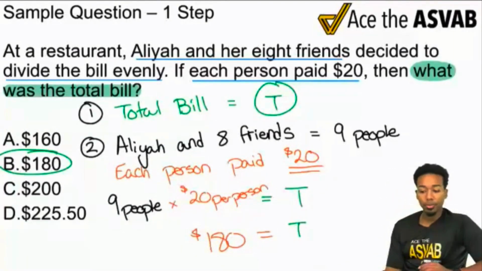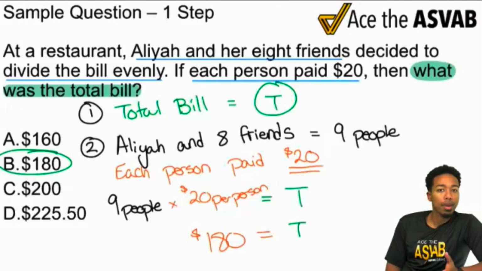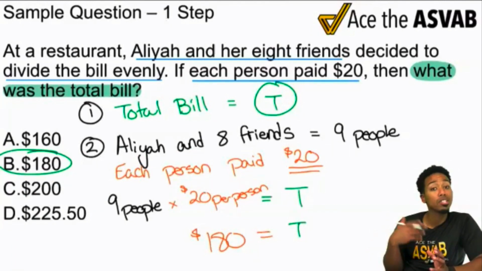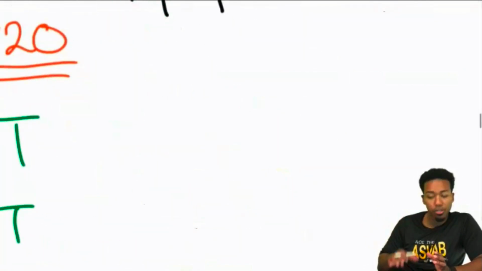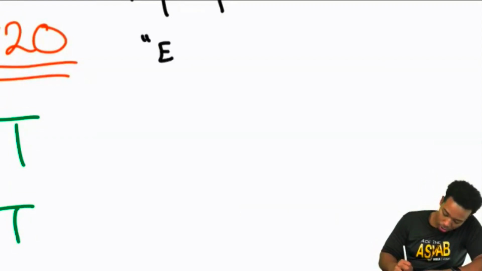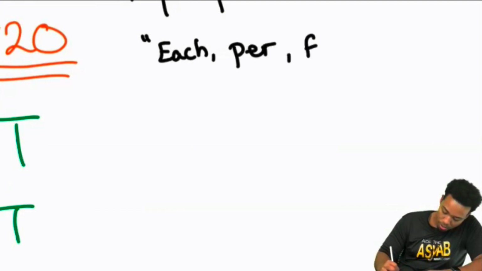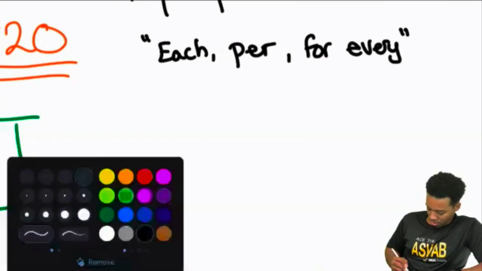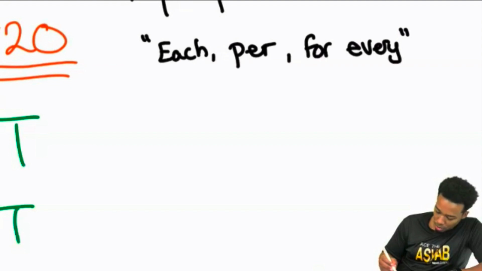Now, we can use this to work backwards as well. So just a quick detour. I want to show everybody how you can set this up using division with that word each. So I'm going to write this down first because I want you to write this down. Again, each, per, for every. So it's multiplication or division.